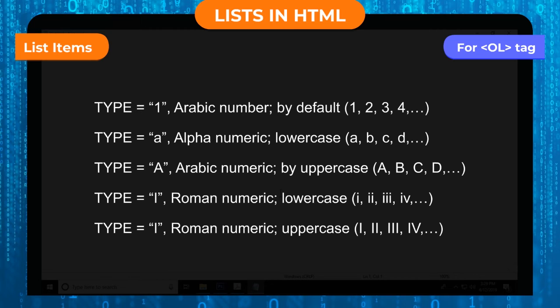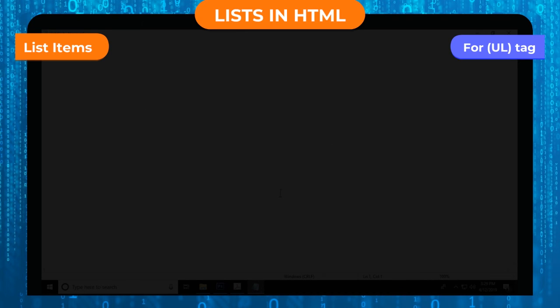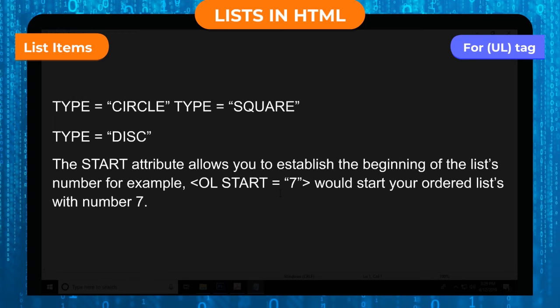Type is equal to double quotes capital I, Roman numeral, uppercase, I, II, III, IV and so on. For the UL tag, type is equal to double quotes circle, type is equal to double quotes square, type is equal to double quotes disk.